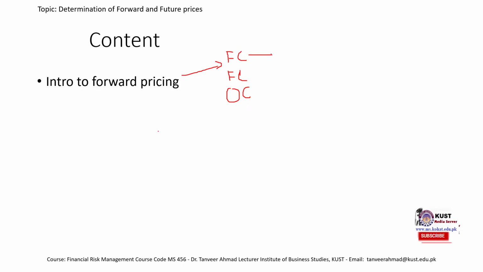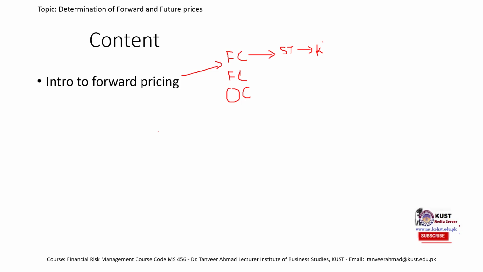So in these contracts, we had certain values. First one was ST, which was future spot price. That was the price at the time of expiration of the contract. Then we had a K, or forward price. That was the price at which we had the contract.